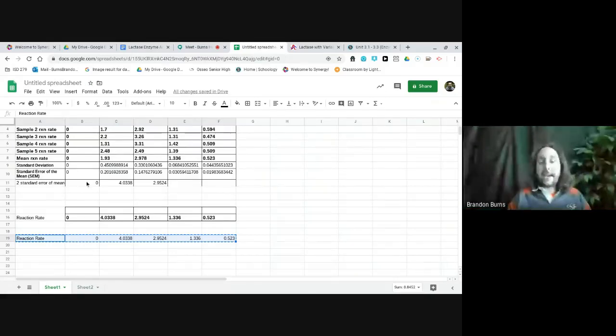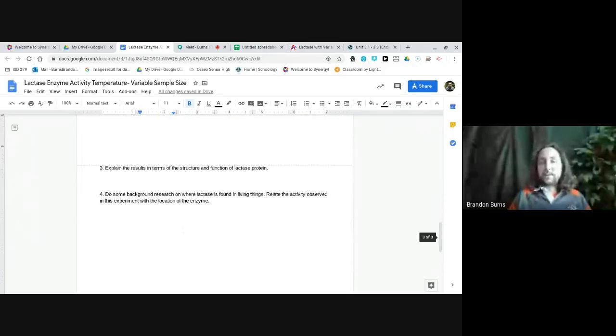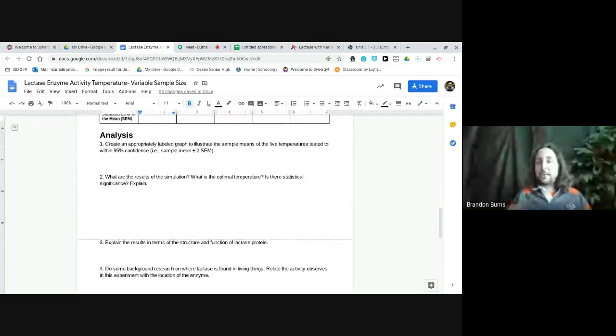Once you've done that and you've added the error bars, I'll show you how to download that graph, and then you're going to copy it into here. So that graph will go there. And then you're going to answer some analysis questions. What were the results of the simulation? What was the optimal temperature? And I'll do that for you in here.